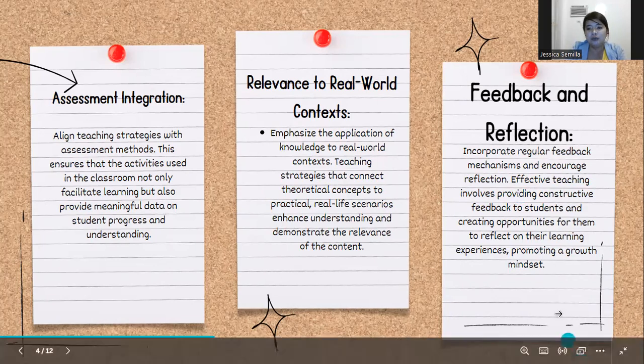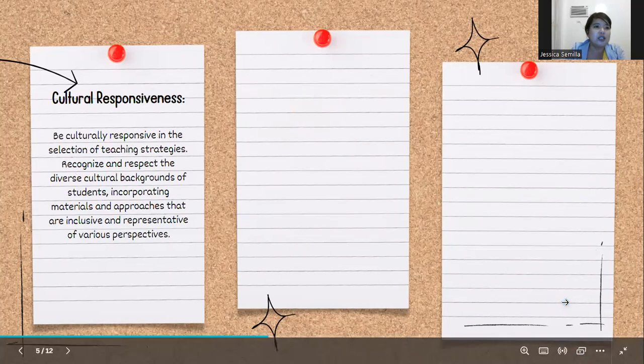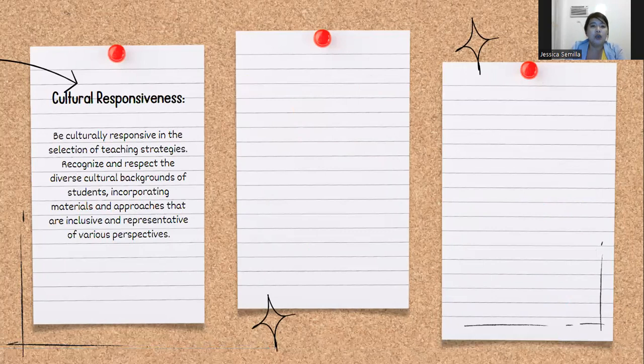So next one is cultural responsiveness. When you look into the teaching strategy that you're about to use in your learning material or in face-to-face learning, you need to be culturally responsive. Look into what type of learner you have so that you recognize their diverse cultural backgrounds, and incorporate the materials that they are exposed to and familiar with.